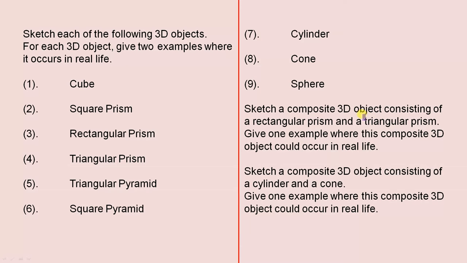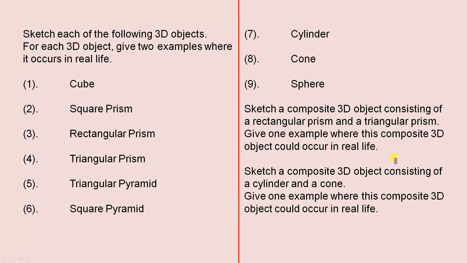So we know what a rectangular prism looks like. We've already sketched it. We know what a triangular prism looks like. Join them up so they form a 3D object consisting of both of those. Have a look at it and see if you can name where it would occur in real life.